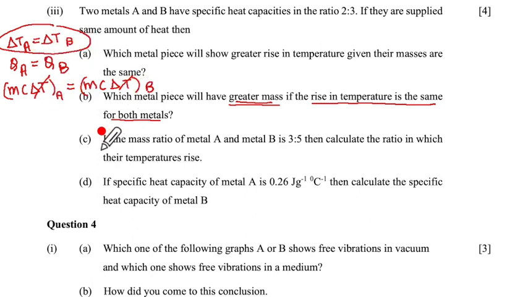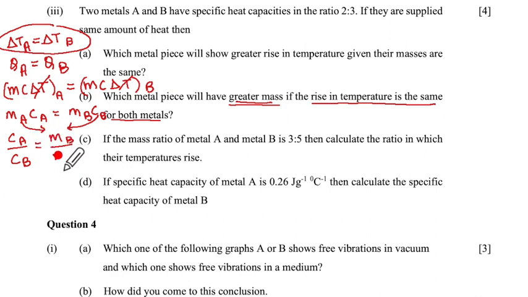So this delta T gets cancelled and we will have mass of A into C of A is equal to mass of B into C of B. So you will have Ca upon Cb will be equal to, we have taken the Cb this side, so mass of B remains here and mass of A comes here, so it will divide, and this is 2:3, so that will be mass of B upon mass of A. So you will see that denominator is greater, so mass of A is greater.